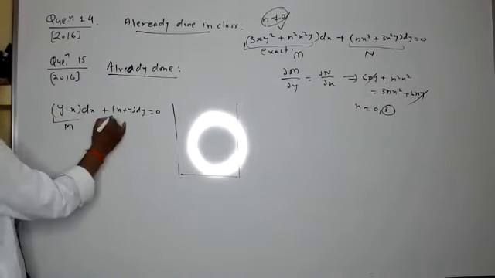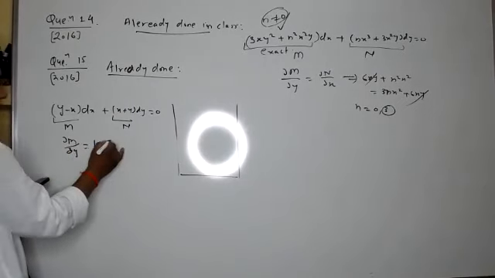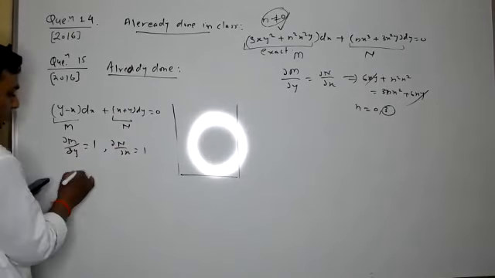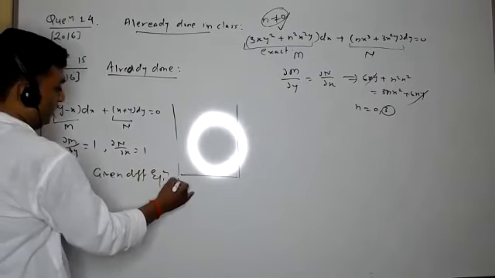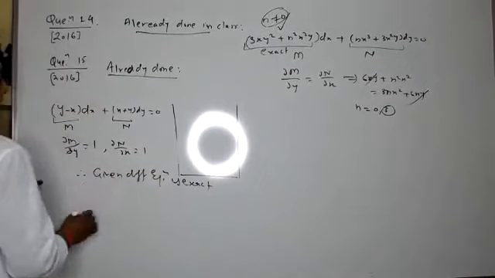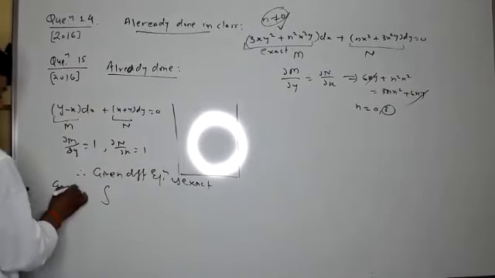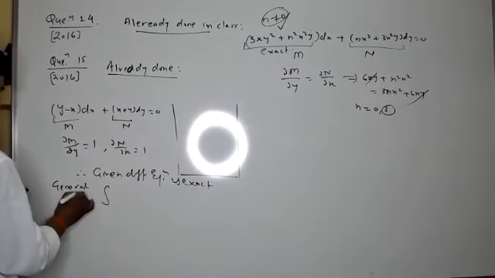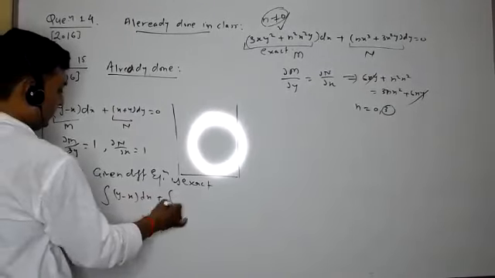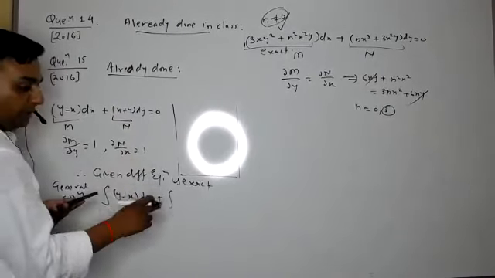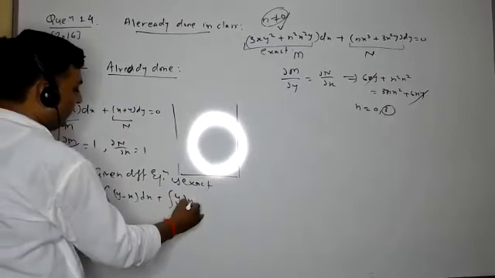If you observe, this is M, this is N. So dM/dy equals 1, dN/dx equals 1. So the given differential equation is exact, right? The general solution is integration of M dx, treating y as constant, plus integration of the terms in N independent of x, dy, plus c.